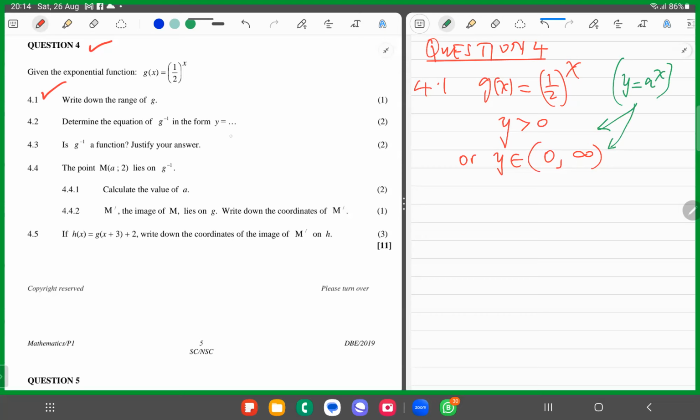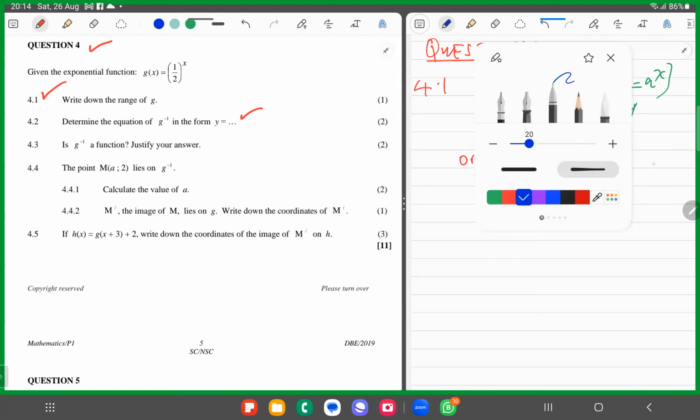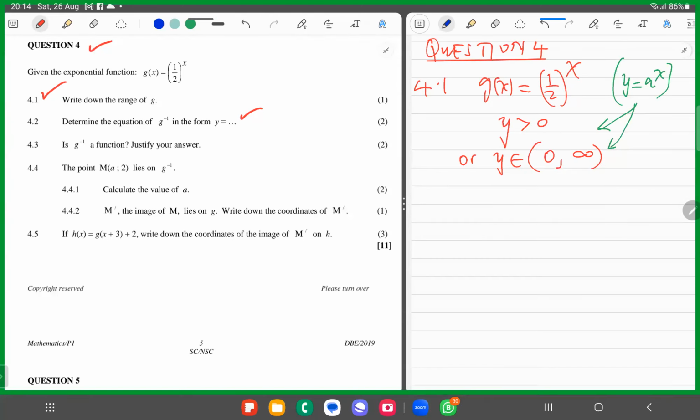In 4.2, write down the equation of g inverse in the form y equals something. What is the inverse here? To write the inverse function, we write g, y equals 1/2 to the power x.